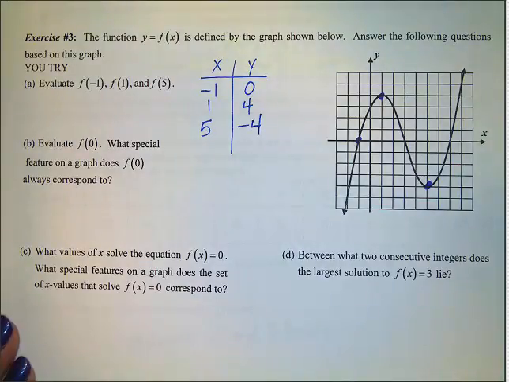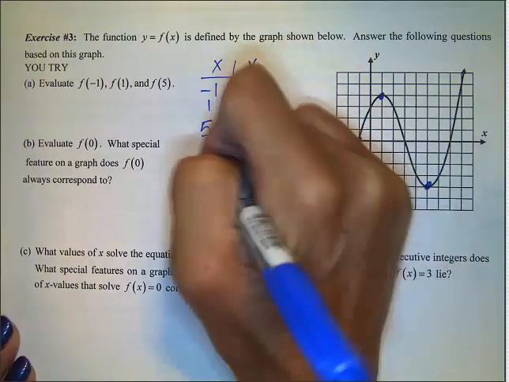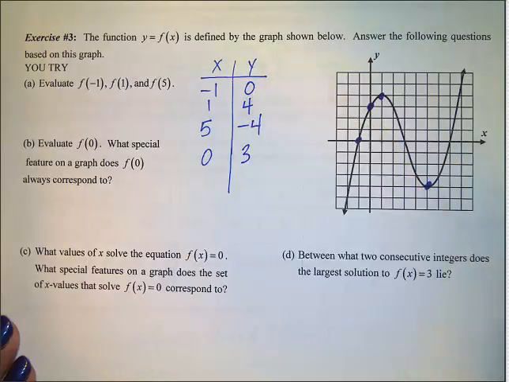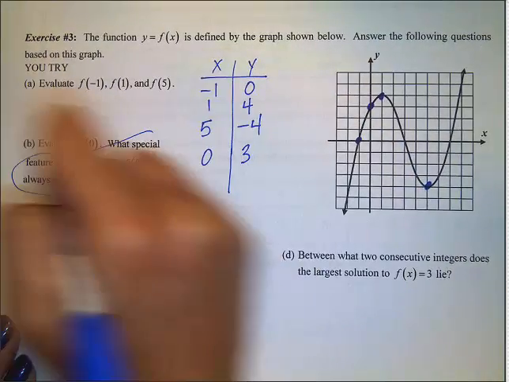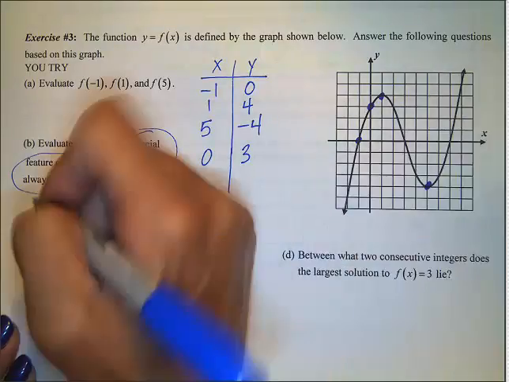So, evaluate f of 0. What special feature on the graph does f of 0 correspond to? So f of 0 is 3. But what is 0 called? What special feature is f of 0? Well, when x is 0, that is the y-intercept.